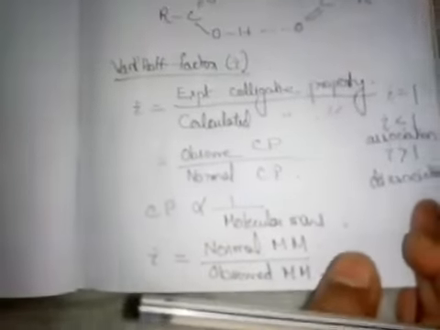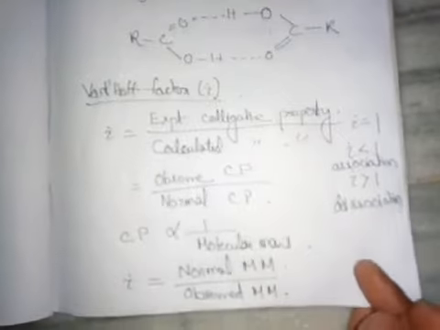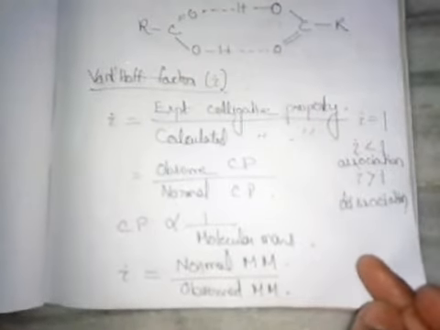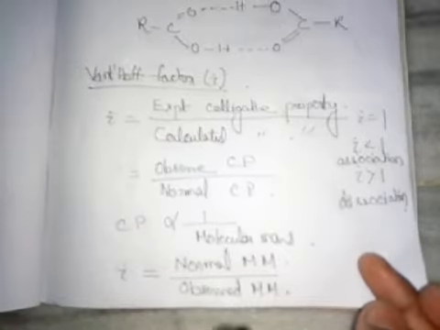Now, how much of solute is undergoing association or dissociation is learnt in terms of a factor alpha, that is degree of dissociation or degree of association.